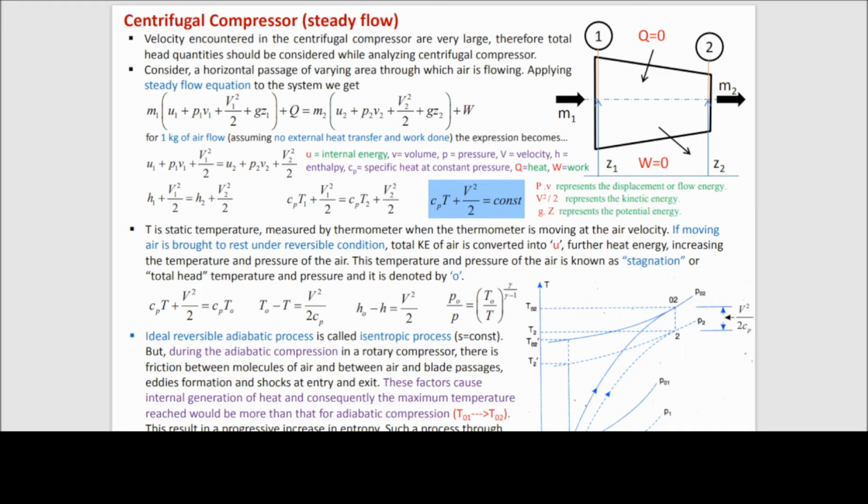Now you see, whenever we are concerned with a hot gas, then the internal energy also comes into the picture. So here, instead of this PV, you have to add its internal energy also. If it is hydraulic, if it is water, as in hydraulic turbines, then we will not be concerned about the temperature of that fluid.